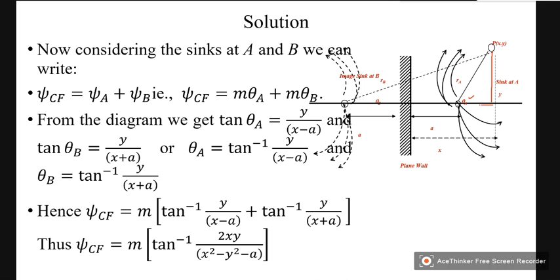And what is this distance? X minus a, see the coordinates, it is x minus a. So therefore, tan theta A is y by x minus a.